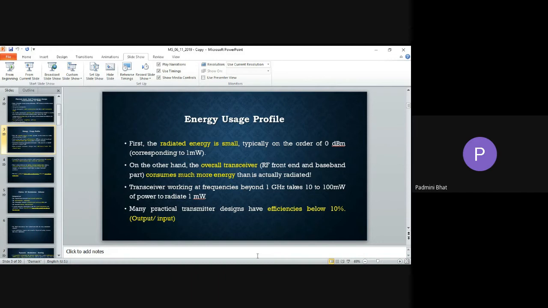From here only we are calculating the efficiency, and based on that, a trade off should be done while selecting the signal. So many practical transmitter designs have efficiencies below 10%.